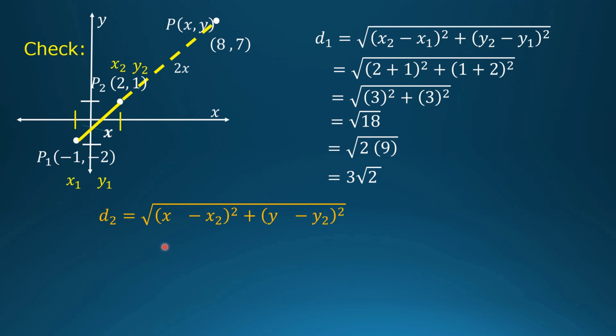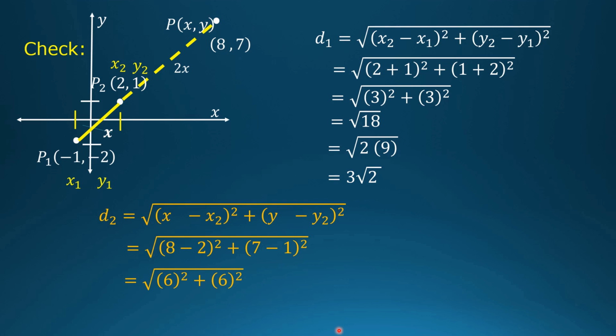Then we substitute 8 for x and 2 for x sub 2, then 7 for y and 1 for y sub 2. This is now equal to the square root of the quantity 8 minus 2 squared plus the quantity 7 minus 1 squared. This is now equal to the square root of 6 squared plus 6 squared.